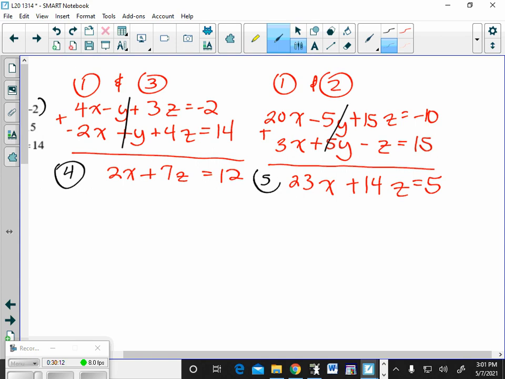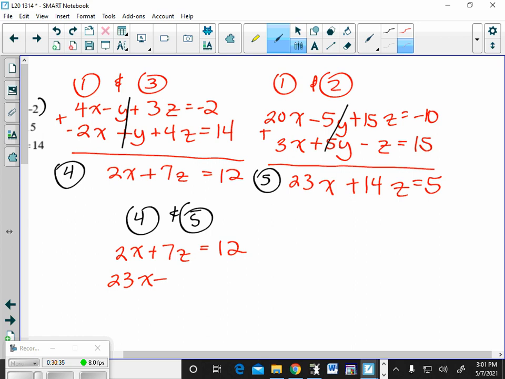And that is equation 5. Okay? So, let's go ahead and combine 4 and 5. So we have 2x plus 7z equals 12, and 23x plus 14z equals 5.